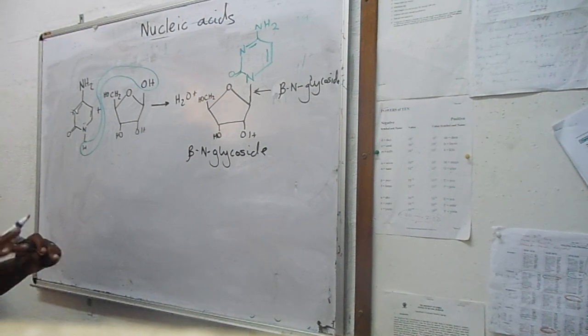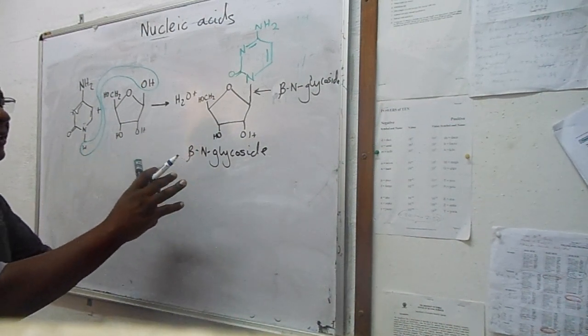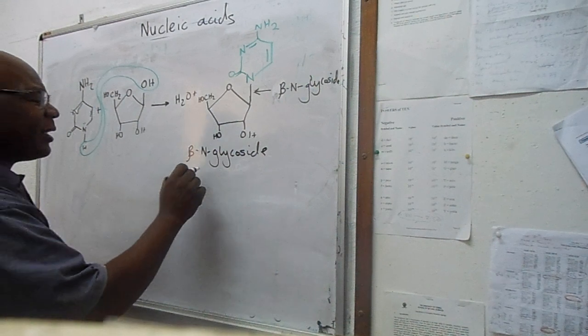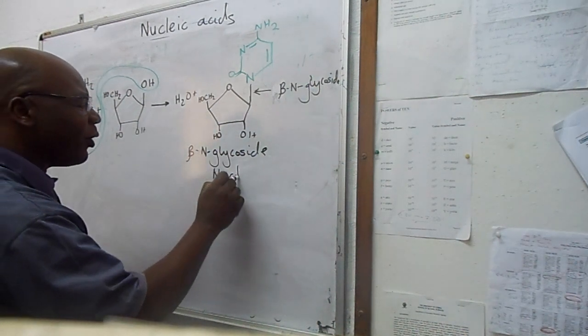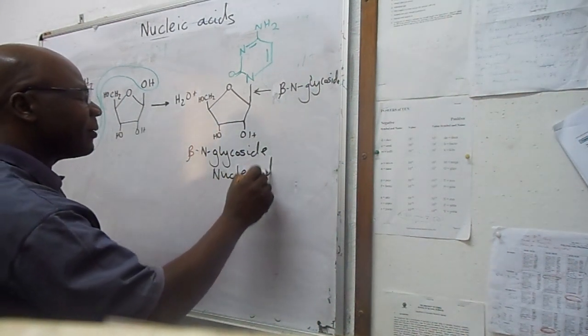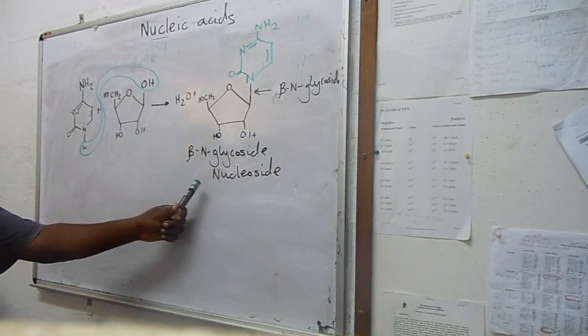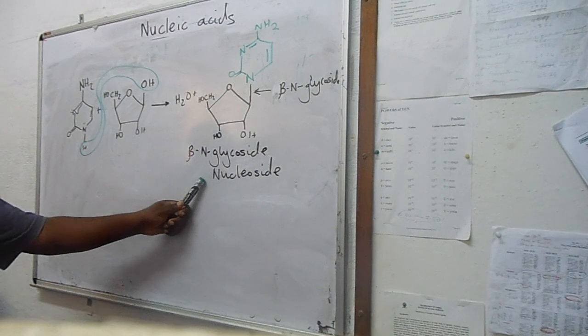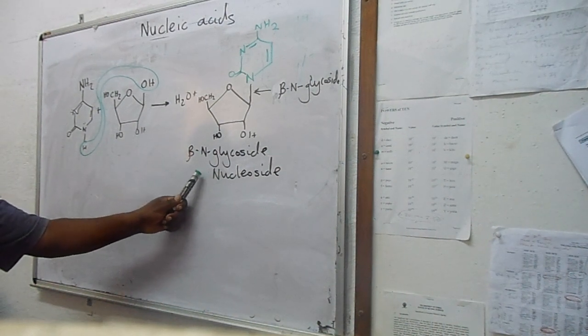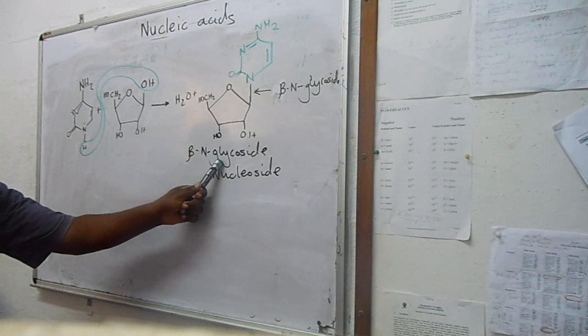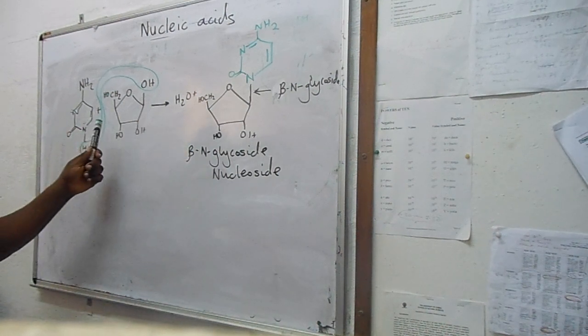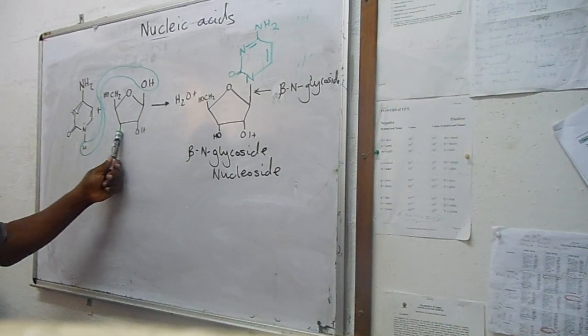Then I said that this glycoside that is formed is actually called a nucleoside. What is a nucleoside? A nucleoside is a glycoside of nitrogenous bases.